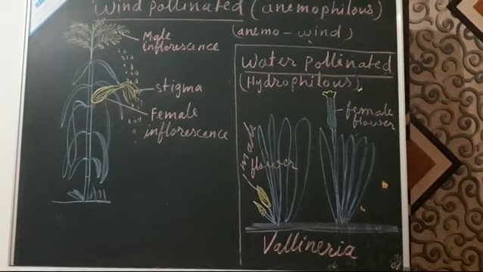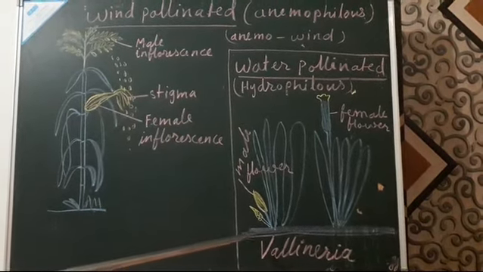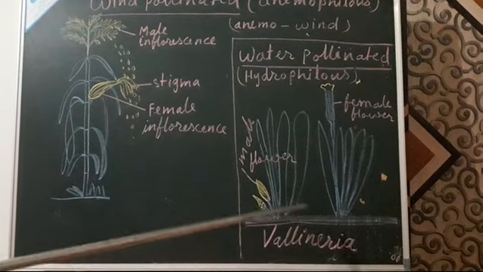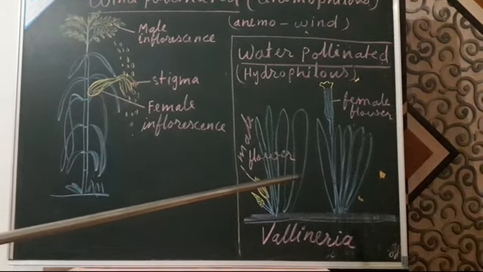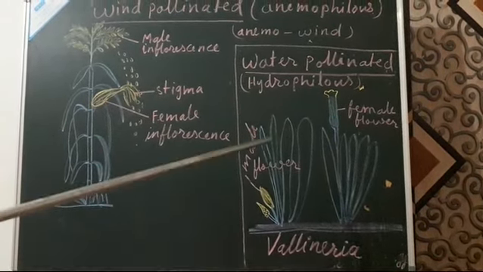Now the next is the water pollinated flower. Especially we can see it in aquatic plants, also known as hydrophilous, and an example is Vallisneria. This plant grows in water. Here the male flower is shown and here the female flower is shown.